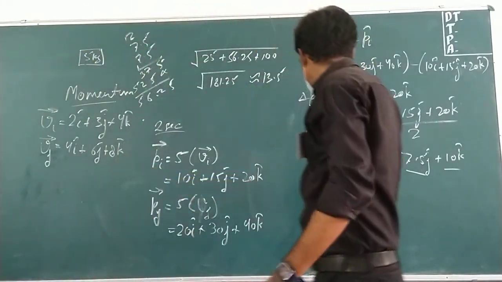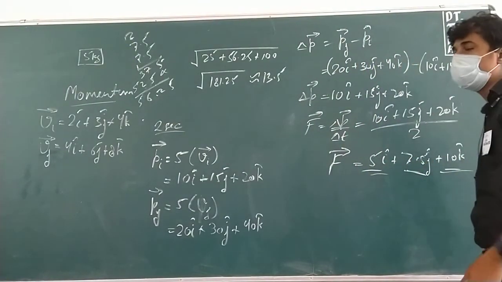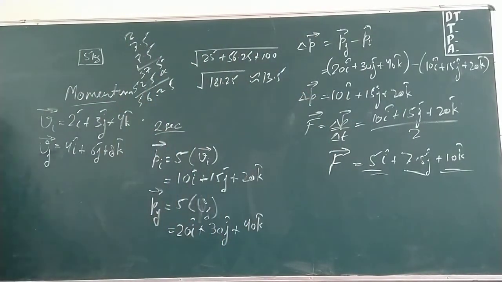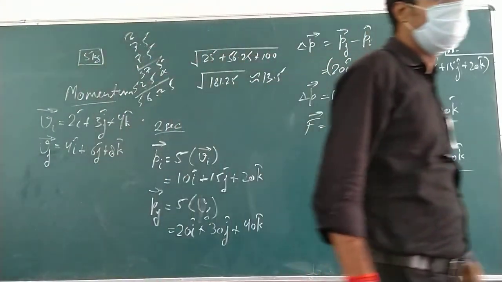So the value along the x-axis is 5, along y it is 7.5, and along z it is 10. Is it clear to all? Any doubts, anyone? Along the x-axis, the y-axis and the z-axis. Note it down, everyone.